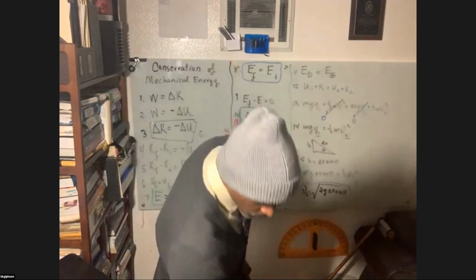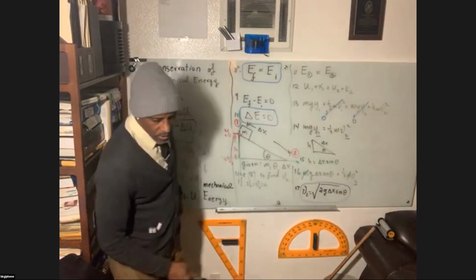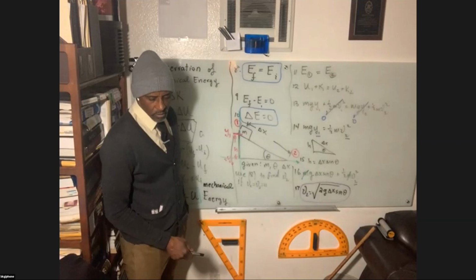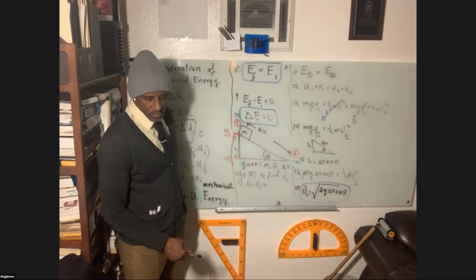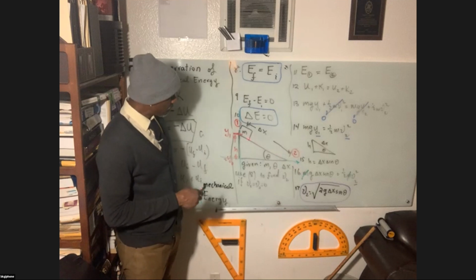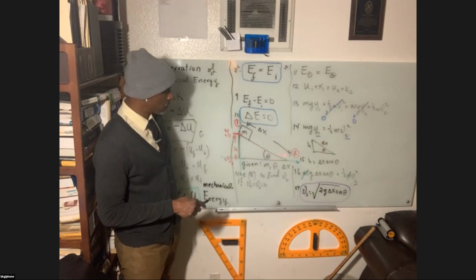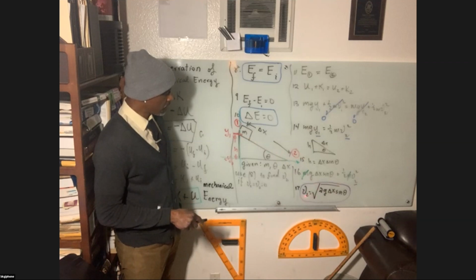You would imagine, well, Adrian, is Adrian there? Oh, he must have left. David, I put friction here. Do you think the velocity when it gets down to the bottom will be greater, less than, or equal to what we just derived? And why?